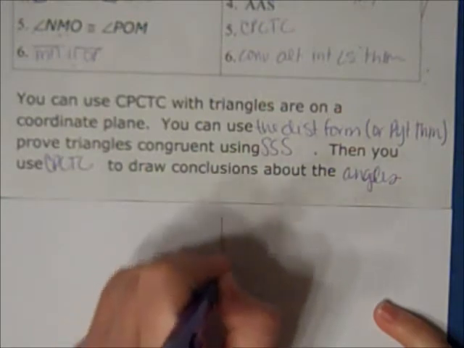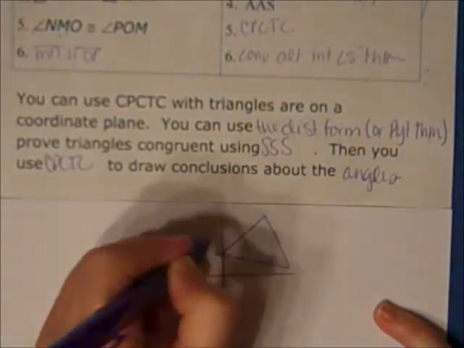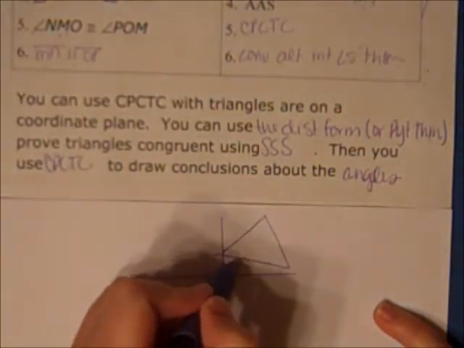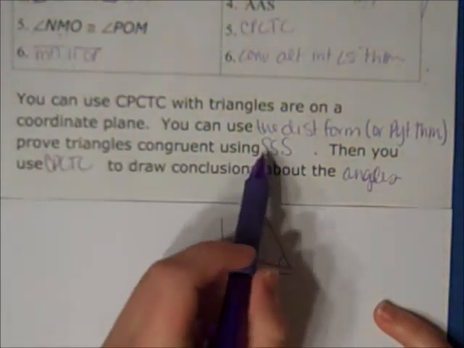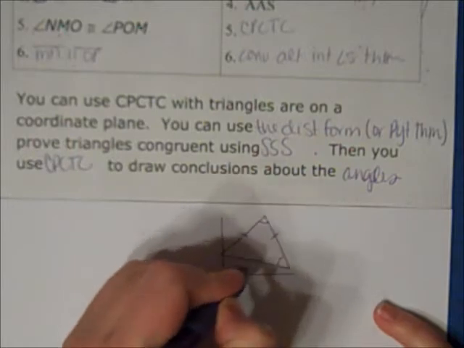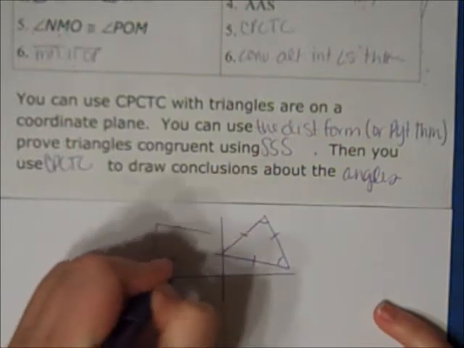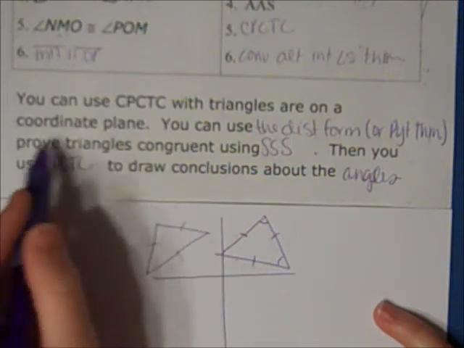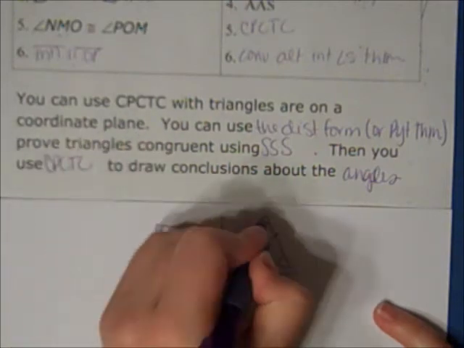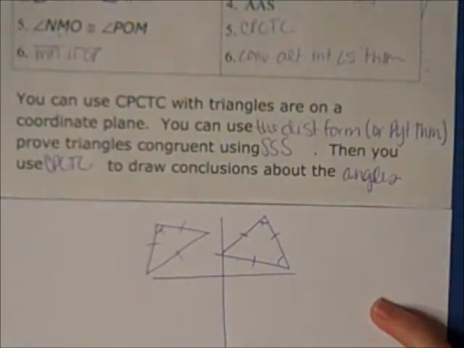Because when a triangle is in a coordinate plane, all you can do is talk about its sides. There's no way for me to talk about its angles in a coordinate plane. So I'm going to prove that it's congruent by side, side, side, and then CPCTC will allow me to talk about the angles and make sure those are congruent as well.